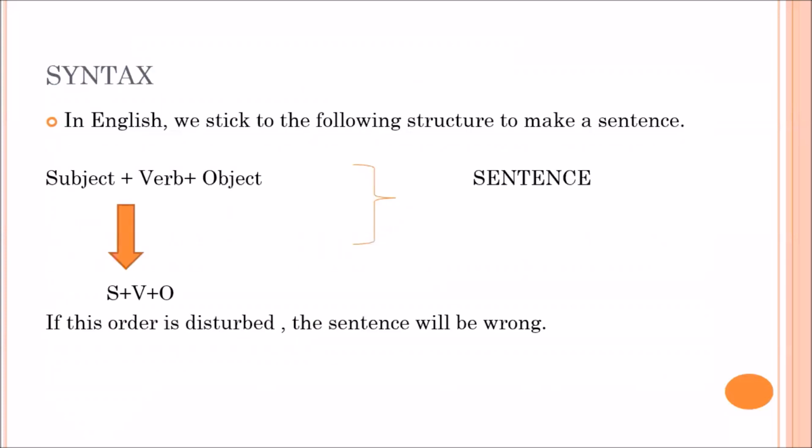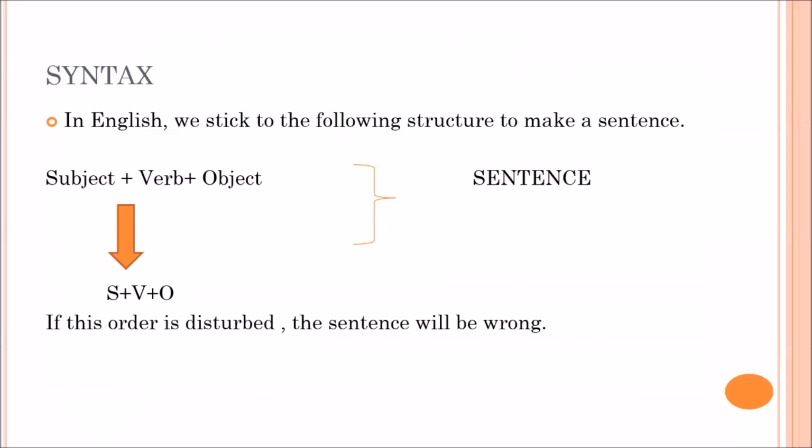Now let's look at what the structure is. Syntax in English. We stick to the following structure to make a sentence. Like English, every language has its own structure. Urdu structure is different and English language structure is different. So we have to learn this so that we can write correctly.